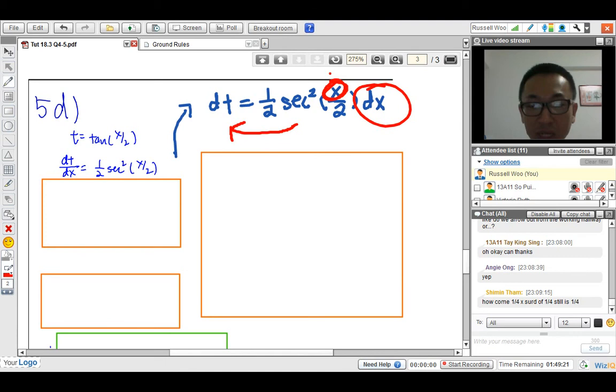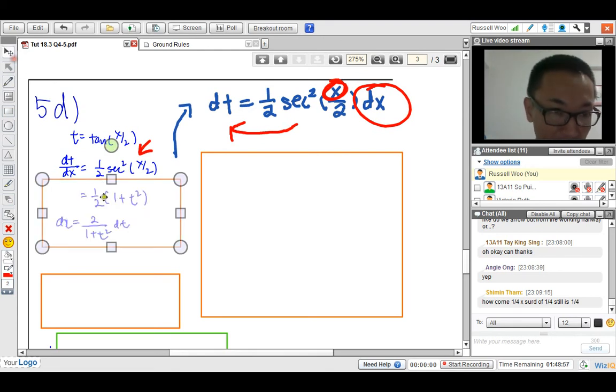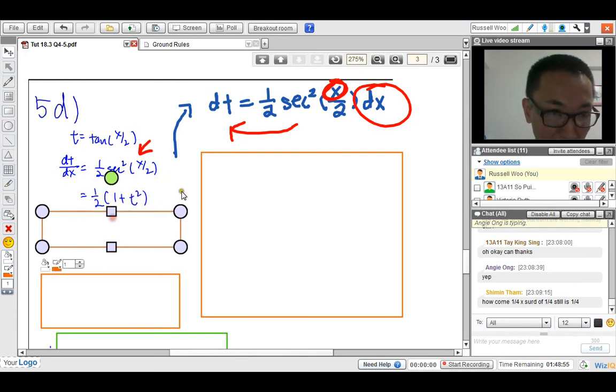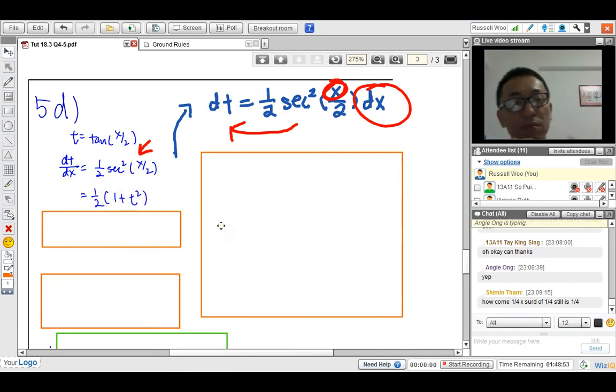So my suggestion is, because this x is getting in the way, I try to express this expression in terms of t rather than in terms of x. So my point now is that I will change this to in terms of t.